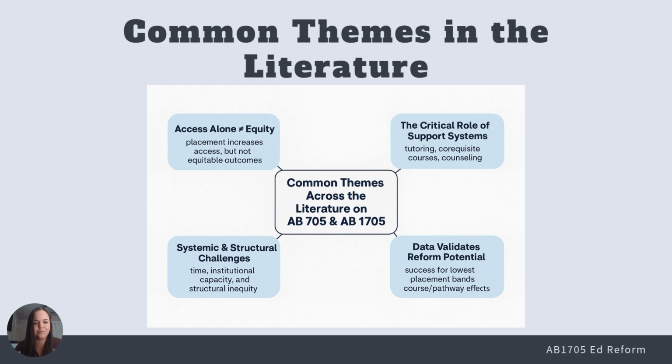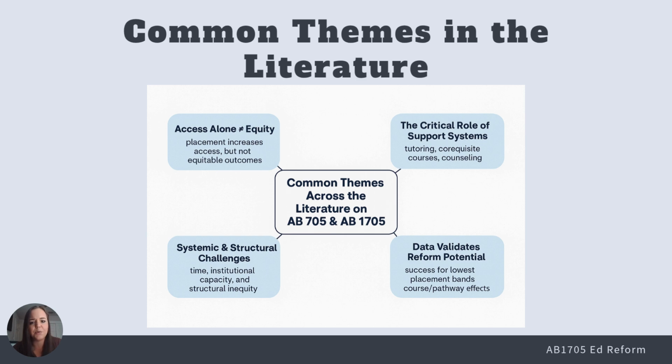So some of the common themes that came from the literature review were: access alone does not equal equity, which is what AB705 and 1705 really tried to hammer down. But just because placement increases access does not mean that there's equitable outcomes from it. In fact, it can have the opposite effect.